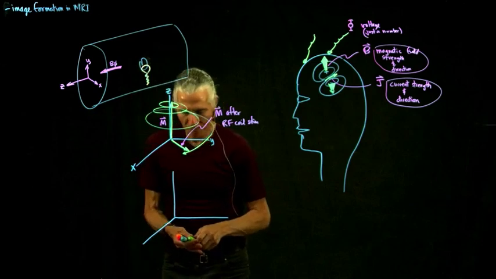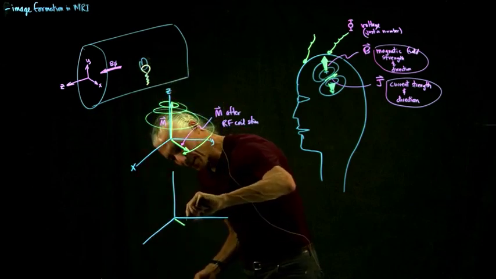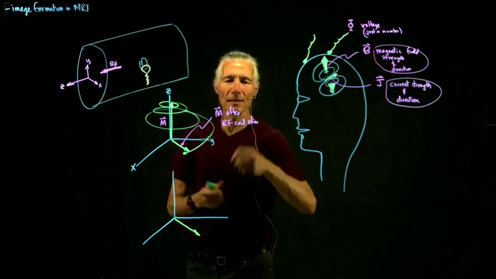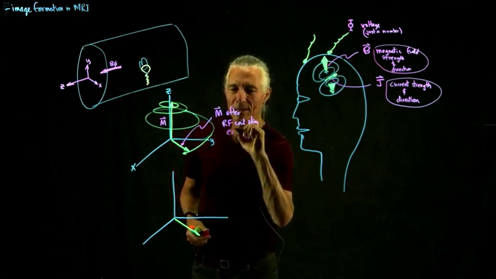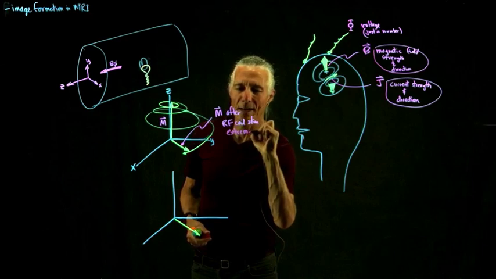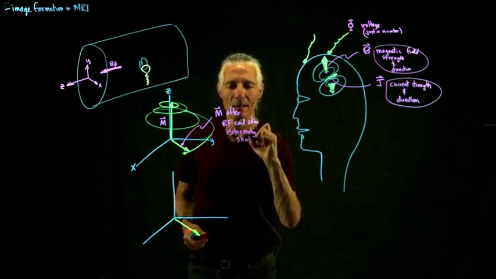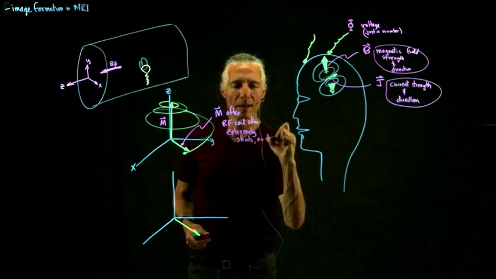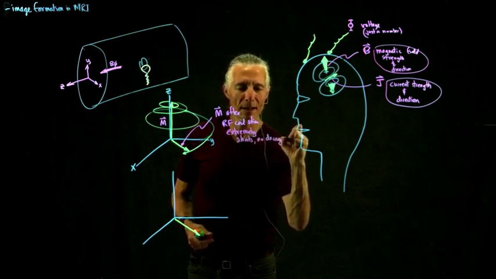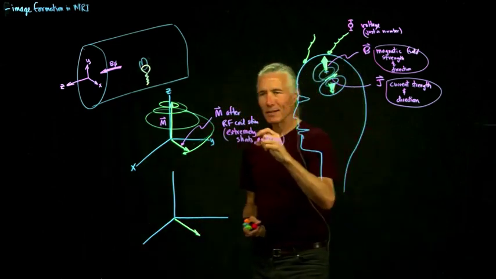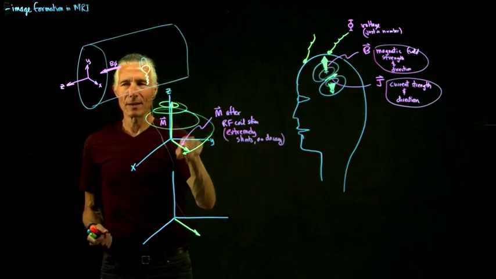It starts off here. This thing after RF coil stim is extremely short, microseconds, really short, so there's no time for decay. We just hammer it, and it's spinning around.